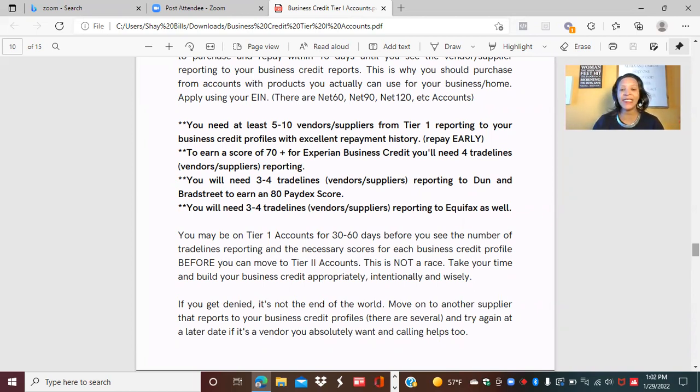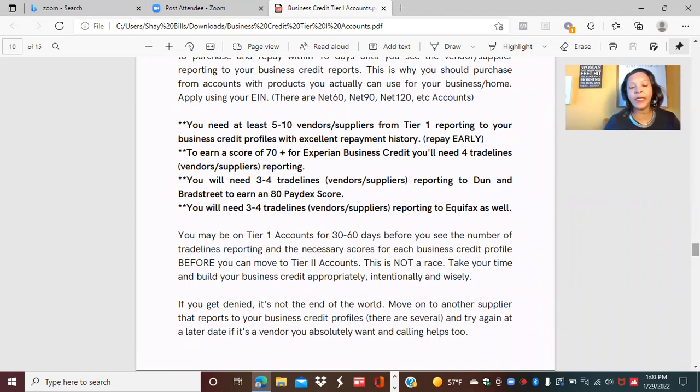The best and easiest way is, when you decide which vendor you want to apply and purchase from, to make sure you know which bureaus they report to. Now, there are not many who report to all three, but there are enough for you to really get there in under 6 or 7 vendors, okay?